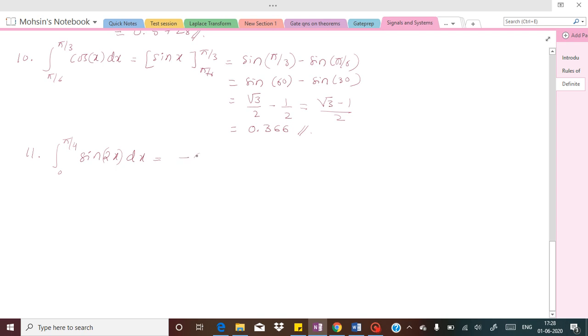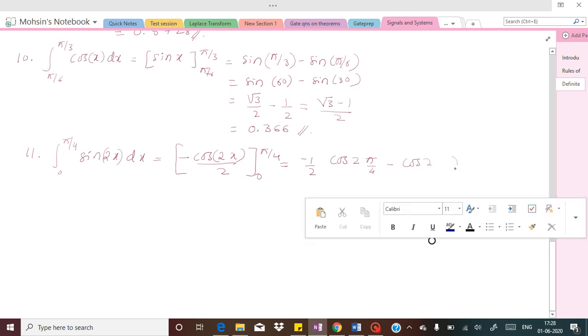So here, cos 2x divided by 2 under the limit 0 to pi by 4. Okay, so minus 1 by 2 I'll keep outside. Substituting the limit here, cos of 2 times pi by 4 minus cos of 2 times 0.